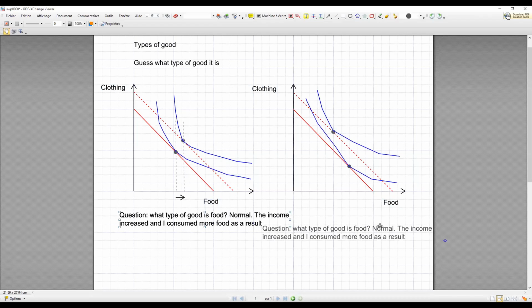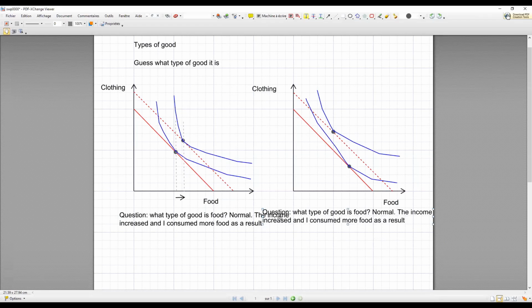Question: what type of good is food? Inferior. Yes. Inferior good.